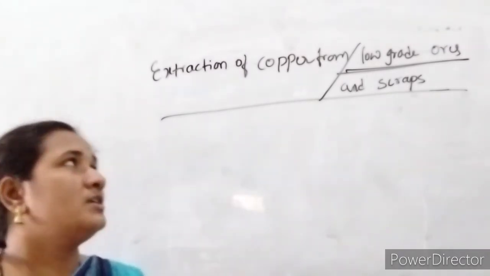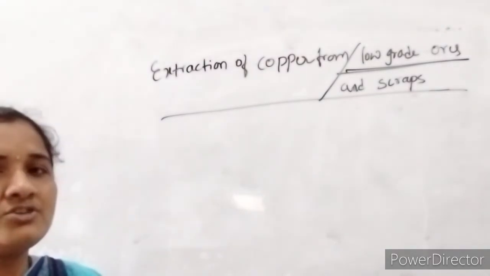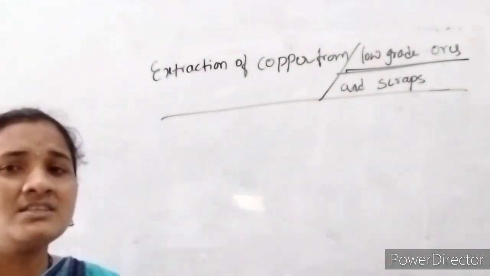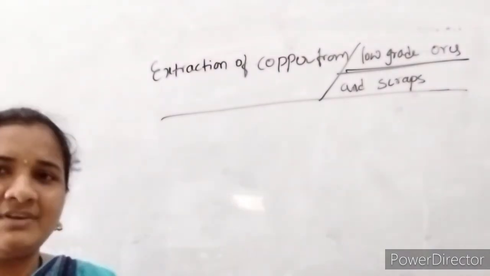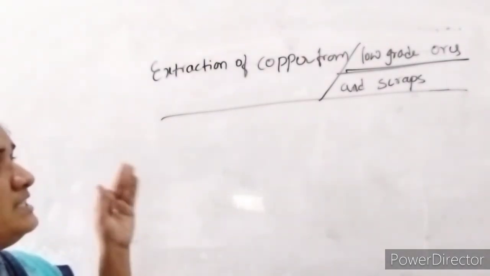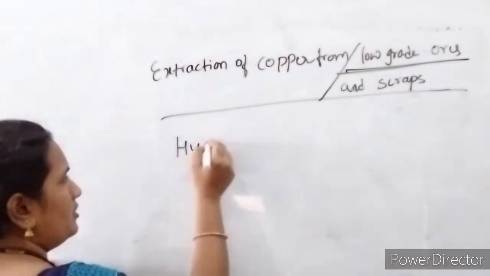That is why it is named extraction of copper from low grade ores and scraps. These are very inexpensive, and it is very easy to carry out also. It can be done with the help of a hydrometallurgical process.